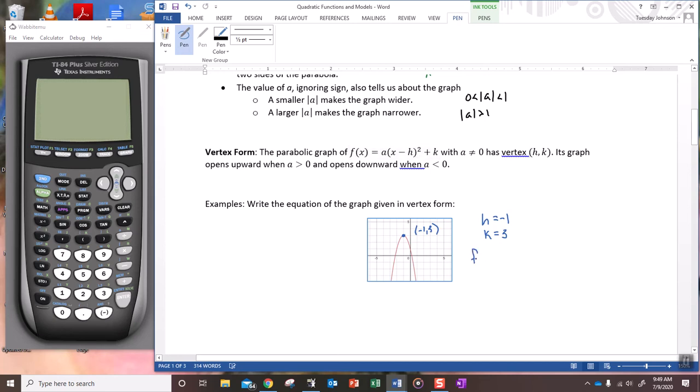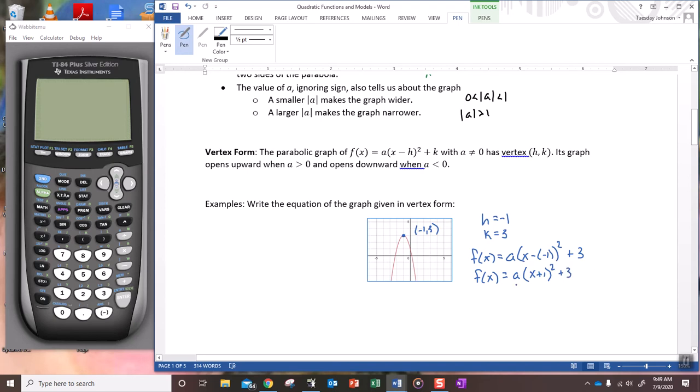We have f of x equals a times (x minus -1) all squared plus 3. Keep in mind, subtracting a negative, we can simplify this. That's f of x equals a times (x plus 1) all squared plus 3.